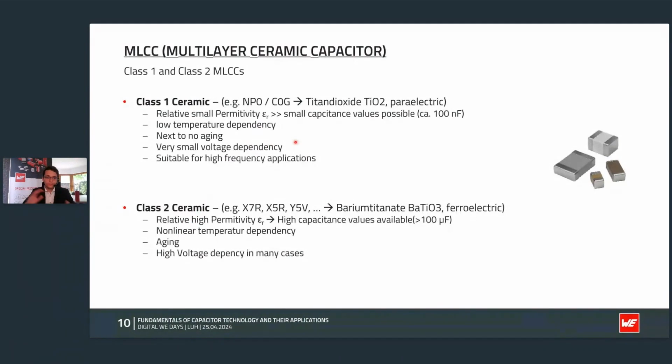So to sum it up, you have a low capacitance but a very stable capacitance. If we talk about class 2 ceramics, then it's vice versa. You can get high capacitance values, like more than 100 microfarads, but you will have some dependencies like temperature dependency, aging, and also some DC bias behavior, which leads to the fact that the capacitance will drop when applying voltage.